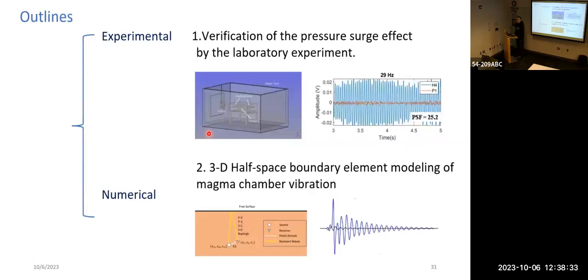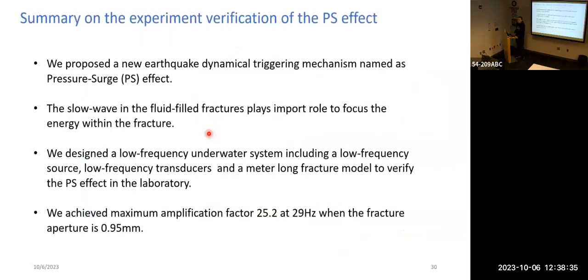If the fracture aperture was closed at the end that was closer to the source, so it was a fully closed fracture, would you still get this effect? Can we repeat the question? So if your fracture was completely closed. You mean I even close the near side of the fracture? Right, and the energy is transmitted from the fluid into the plexiglass and then back into the fluid.